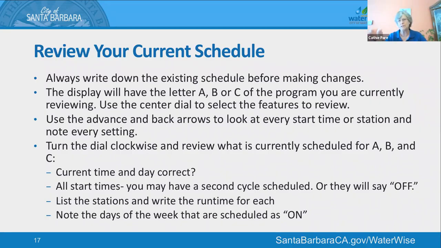There's a little button that says either PRG for program, or it's a slider that goes A, B, or C. Push it again to get the next program and write down the schedule for that program. There could be nothing on program B, no start times, no valves, but then you go to program C and, lo and behold, somebody scheduled 1 station. So you want to make sure you look at all of them so you know that you don't have any duplicates. All right, let's go to the next slide.